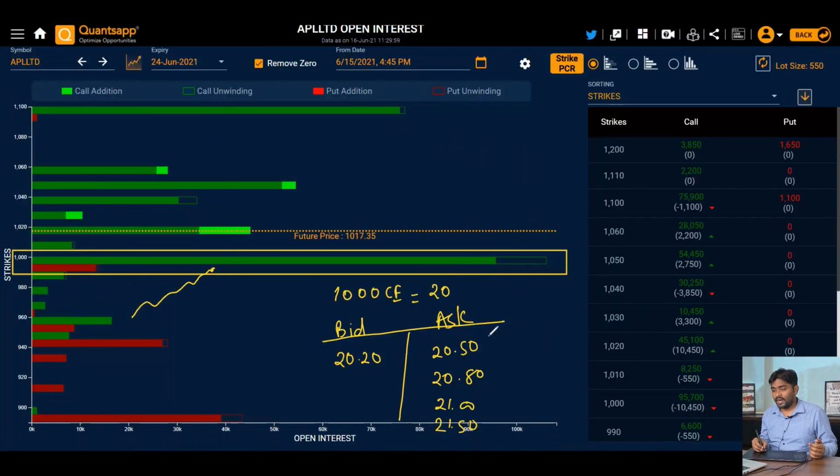Whenever we execute a market order, the market will always pick up the first ask price. So as soon as I execute this market order in panic, this price will jump to 20.50. That will be the next price.